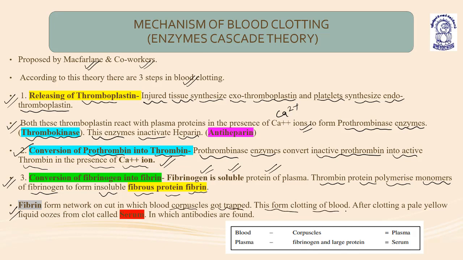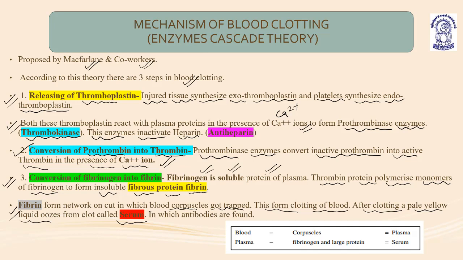This forms the clotting of blood. After clotting, a pale yellow liquid oozes out, which is called serum, in which antibodies are present. Okay. So after clotting, a pale yellow liquid oozes out, which is known as what? Serum, which contains what? Antibodies.